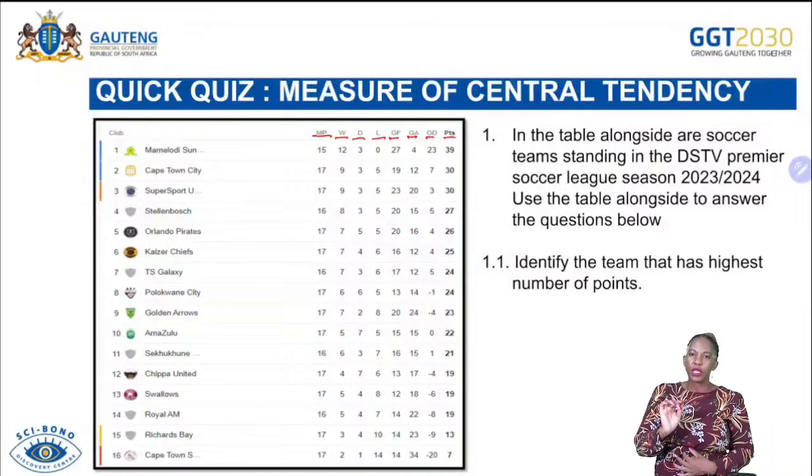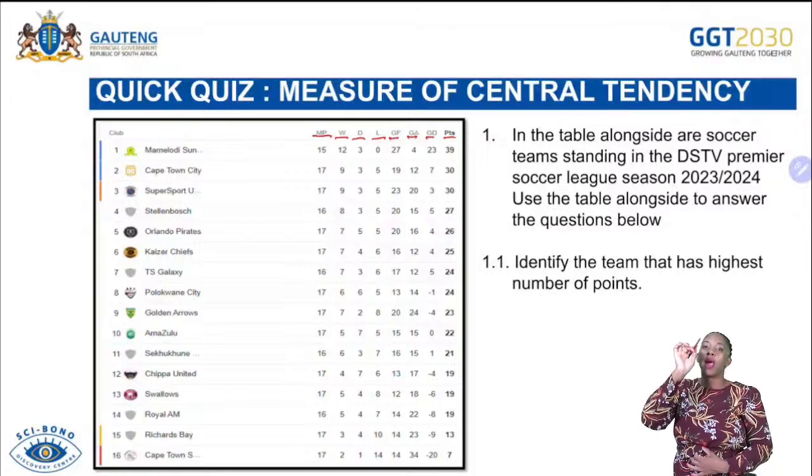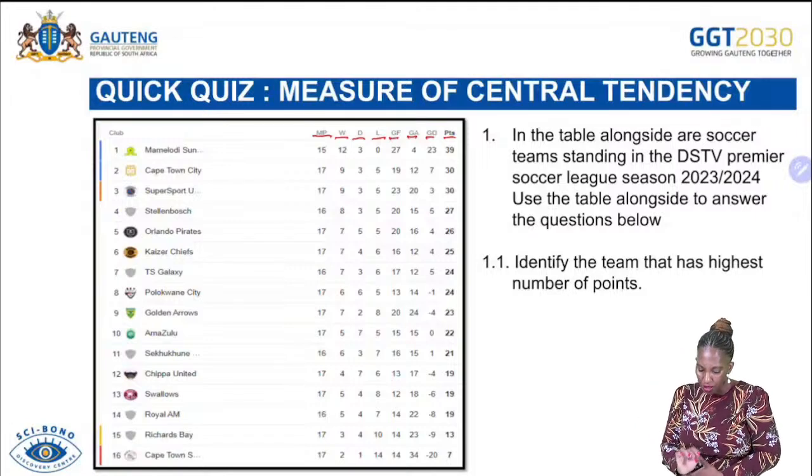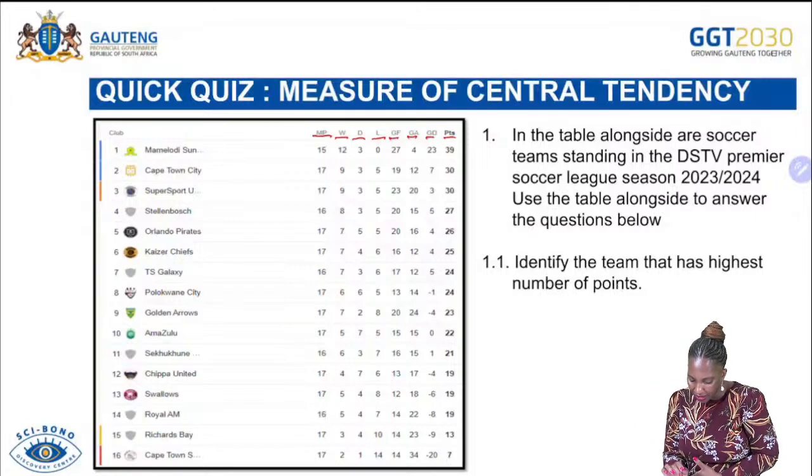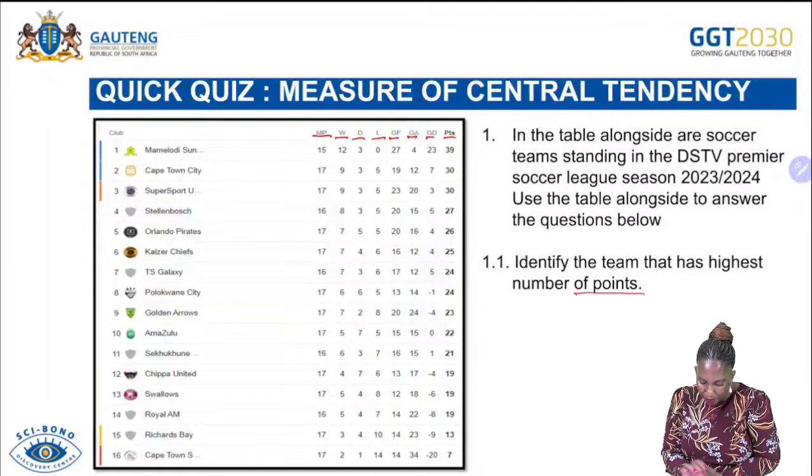Now the question is based on the points. So we go to the points. The highest point from the data set given is 39.